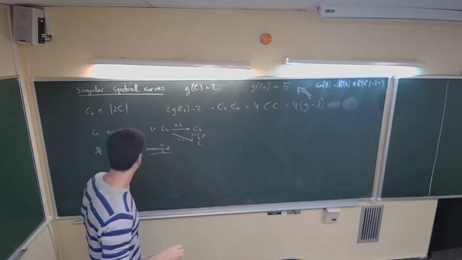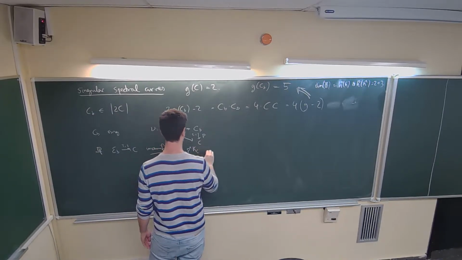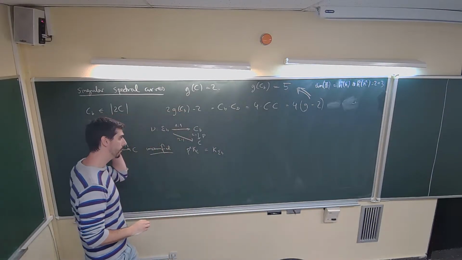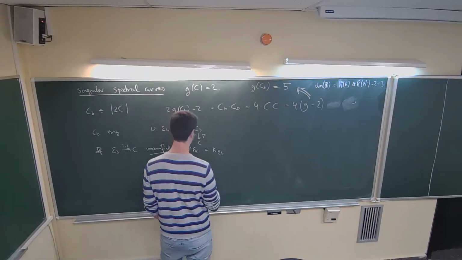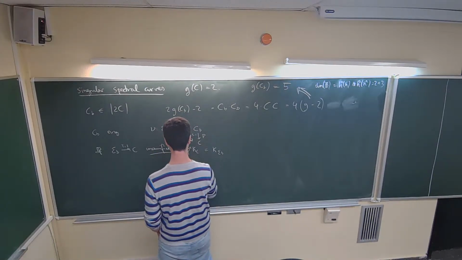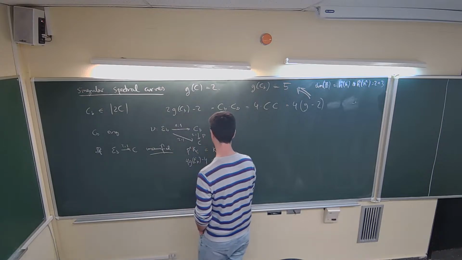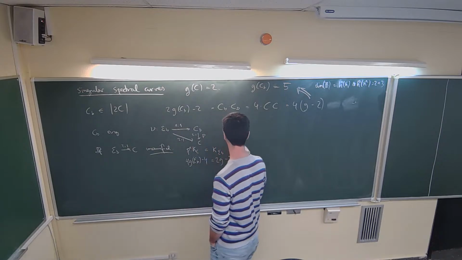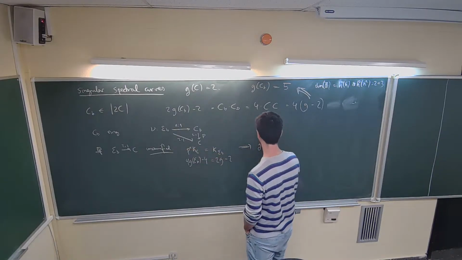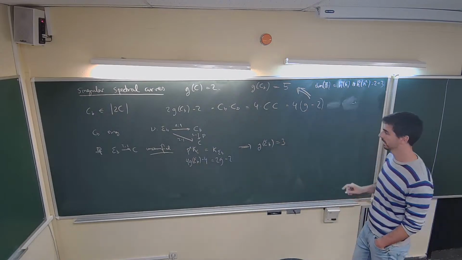Well, we know that K_C is actually K_sigma_B. Therefore, we have that 4g_sigma_B minus 4 is actually 2g minus 2. This gives us that in the extreme case when it is unramified, g_sigma_B has to be 3.